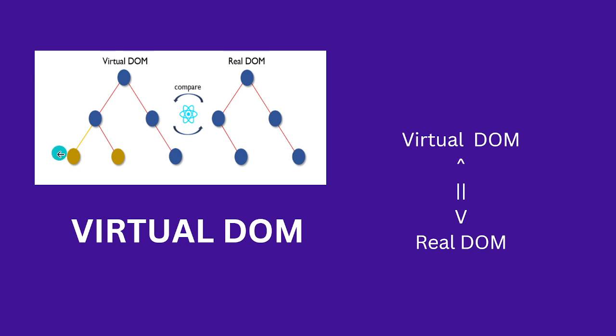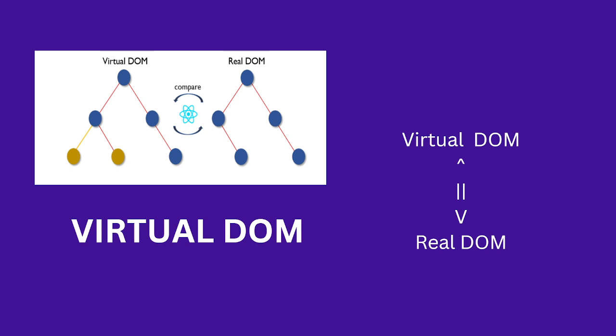This virtual DOM is again converted into the real DOM by the compiler present in the browser, then converted into specific instructions and given to the web browser, so that it gives a well developed front end web page to the user. So that is the virtual DOM and the real DOM in React.